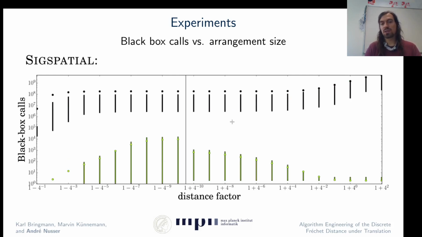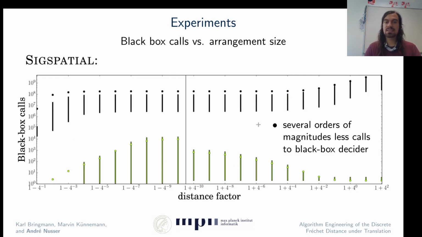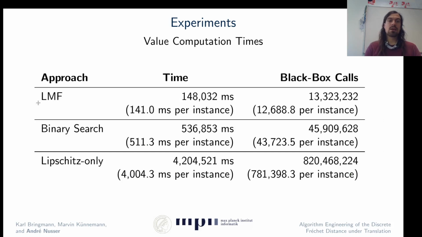The same picture we can see for the 6 spatial data set. So yeah, that I already mentioned. We are several orders of magnitude faster in the sense that we have significantly fewer black box calls to the Fréchet decider. Now here we compare the approaches for computing the values. So we have Lipschitz meets Fréchet, our new approach, and the binary search and Lipschitz only.